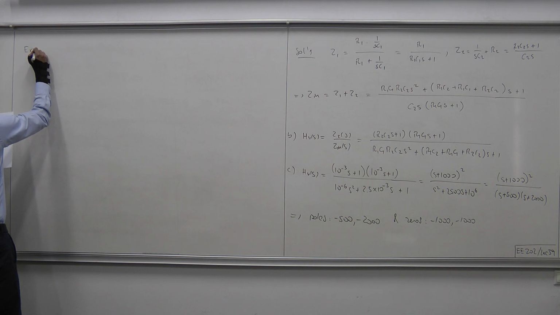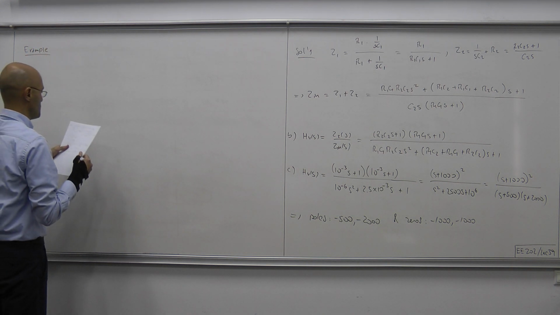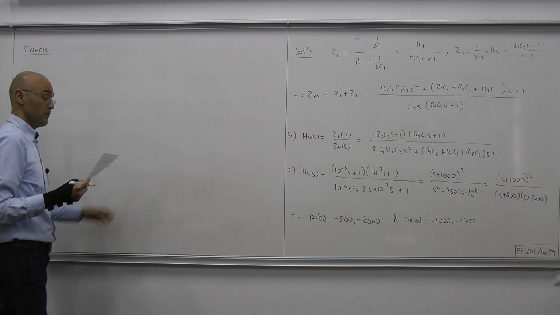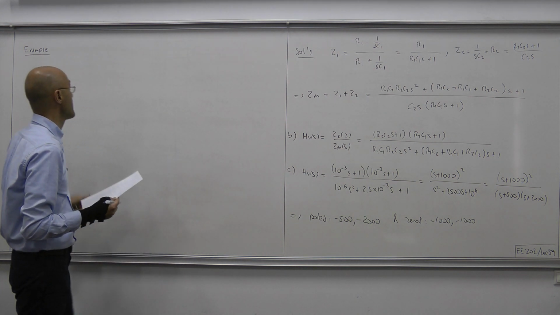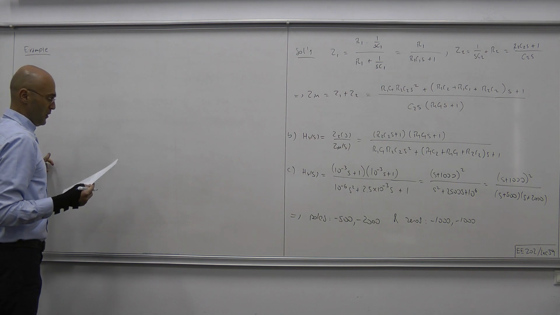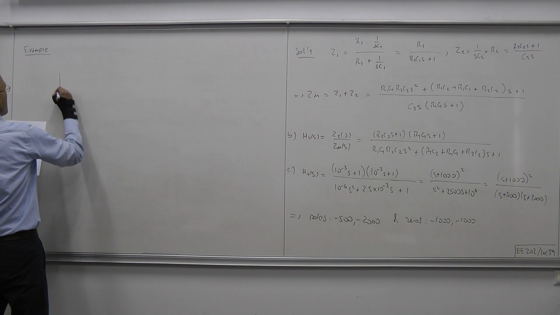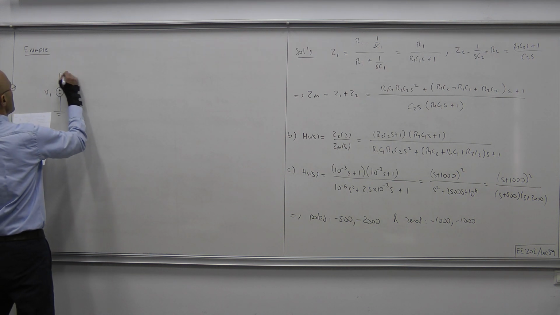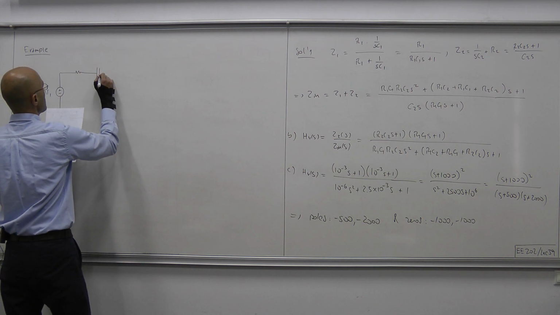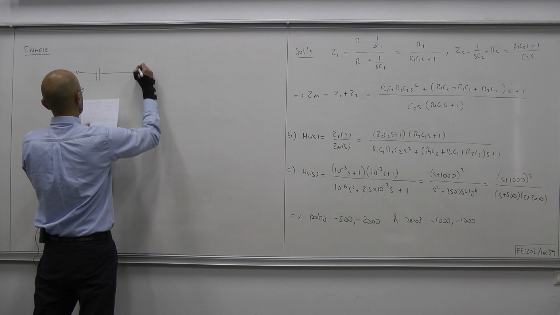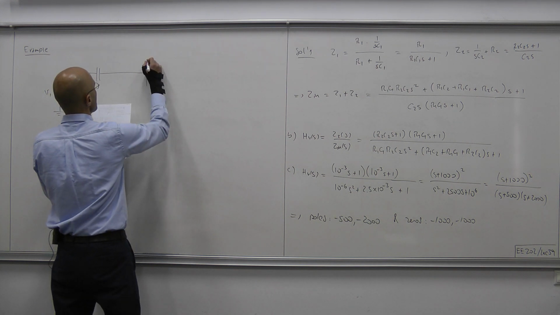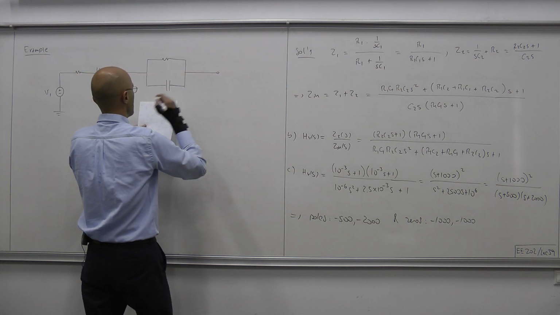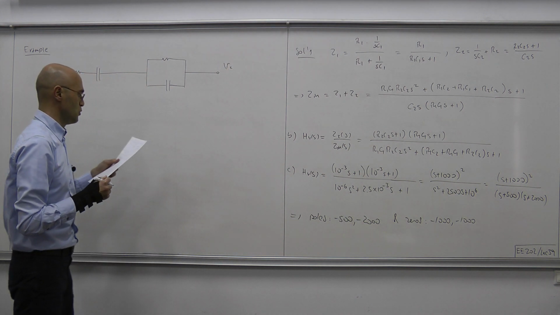Okay, here is our circuit with the op-amp, which we're going to assume is ideal, infinite gain, and also that it's in linear region. This is our input, V1. And here we collect the output V2.